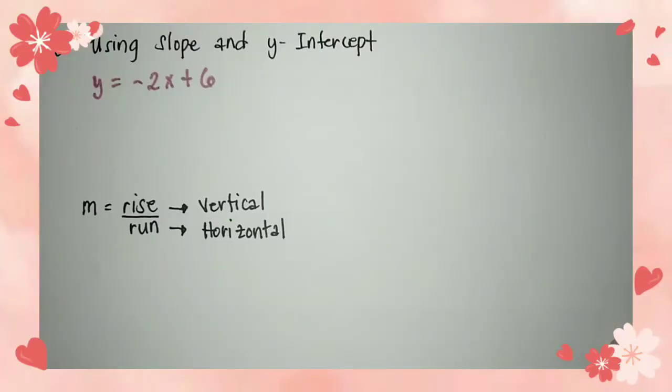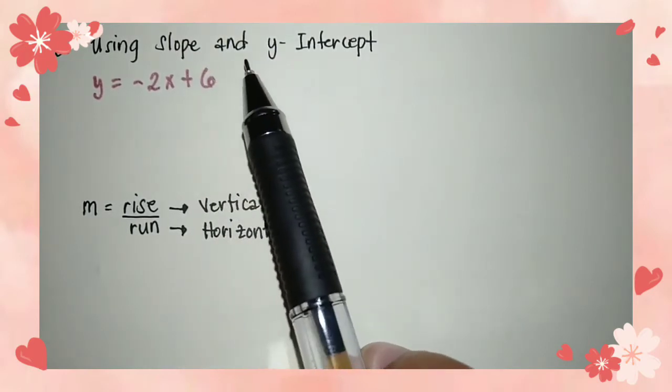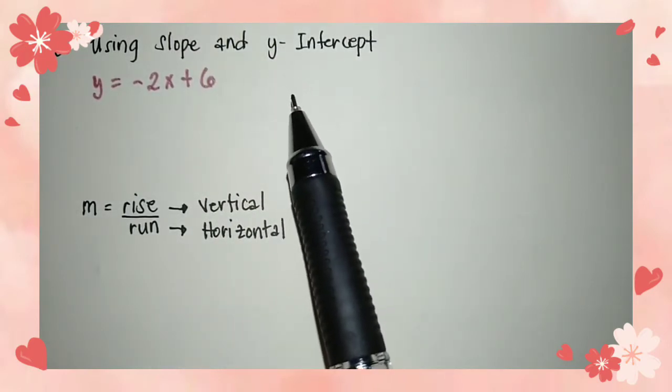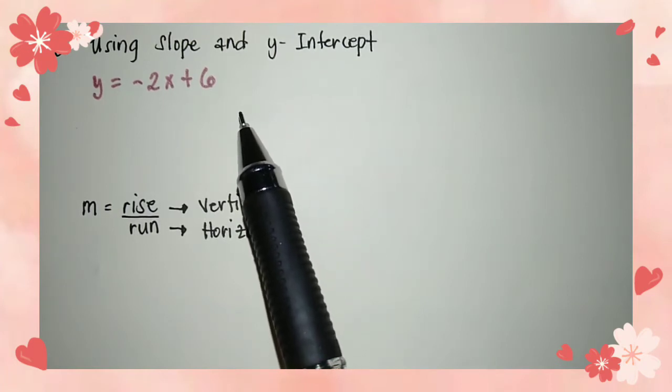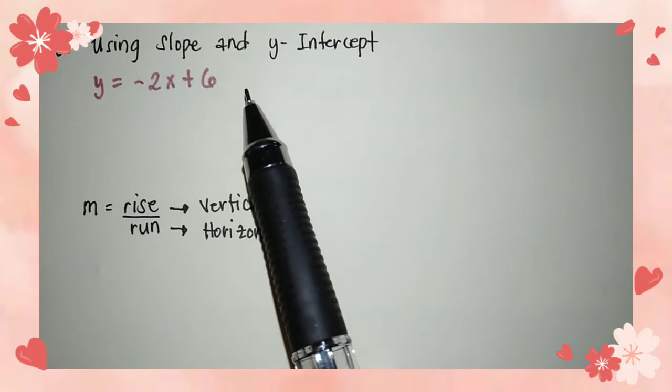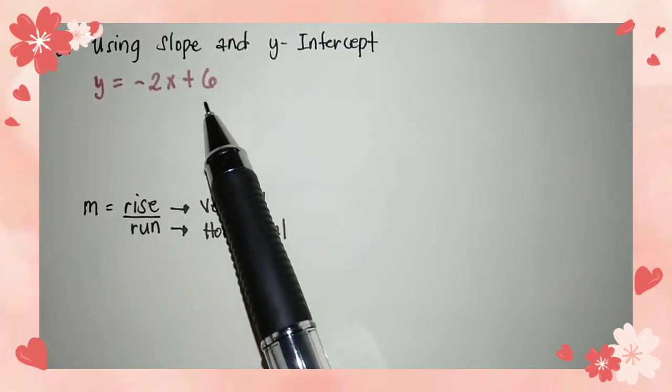Alright? So now, take a look at this. We are going to graph y is equal to negative 2x plus 6 using slope and y-intercept. Kung kanina, using 2 points and using x-intercept and y-intercept, ngayon naman is using slope and y-intercept. Okay? So we have y is equal to negative 2x plus 6.